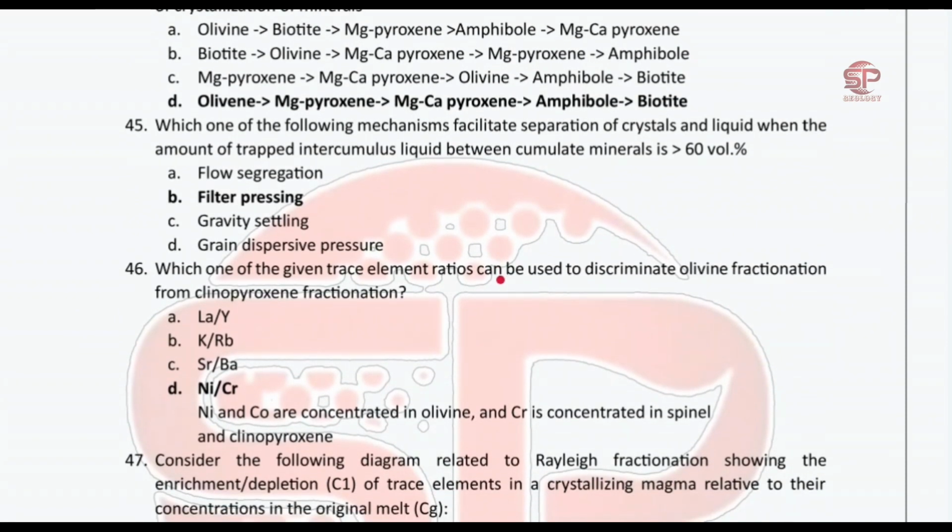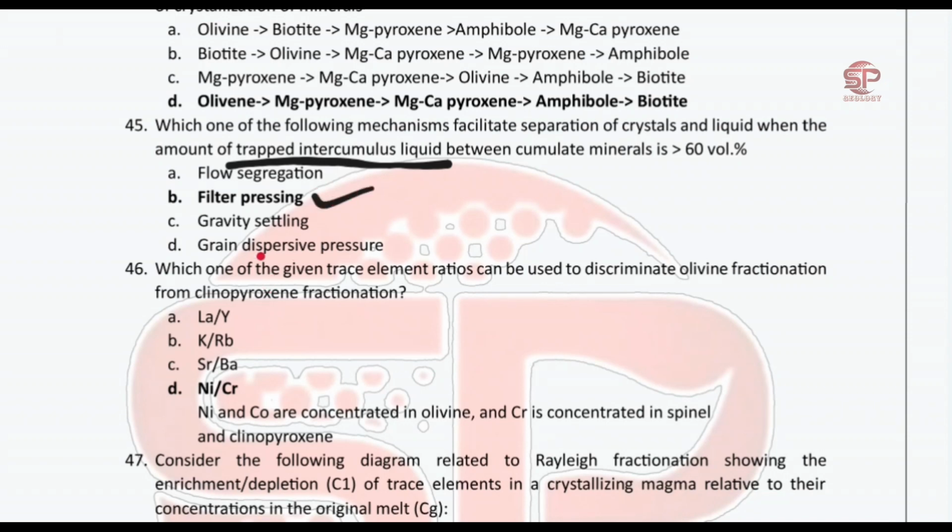Then which of the following mechanisms facilitates the separation of crystal and liquid when the amount of trapped intercumulus liquid between cumulate minerals is greater than 60% in volume? So when greater than 60% volume, they are able to separate themselves. In this case, the trapped intercumulus liquid can be released by filter pressing.